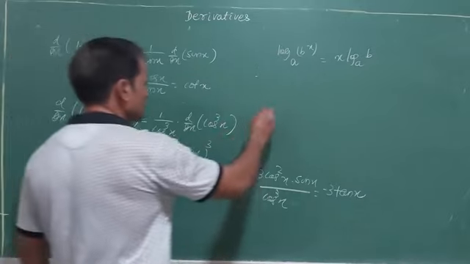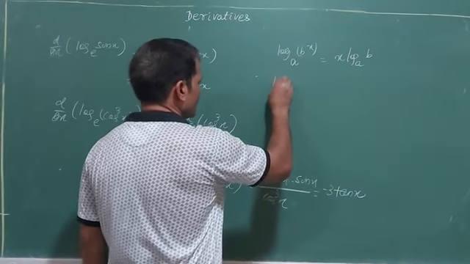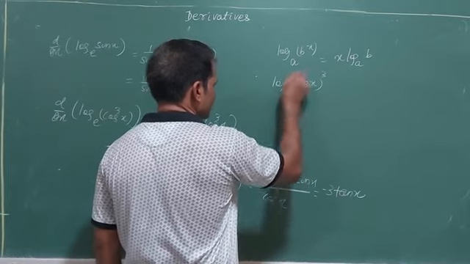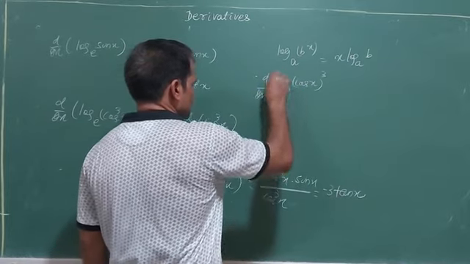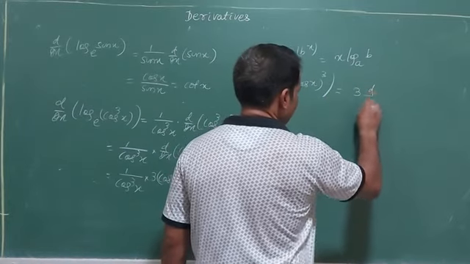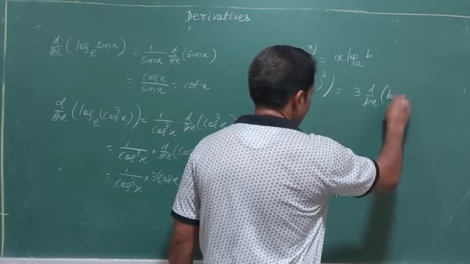So what I do here, log e cos x whole cube dy dx. Next step I will treat this like this formula, 3 will be outside, 3 dy dx of log e cos x.